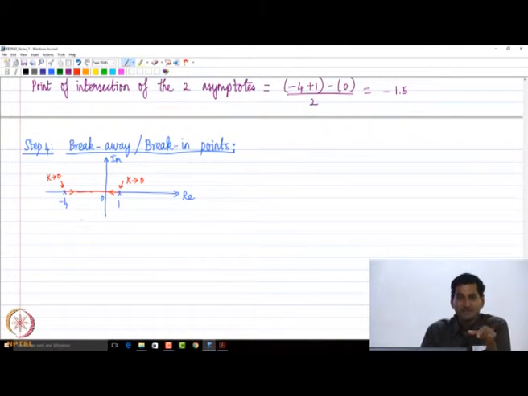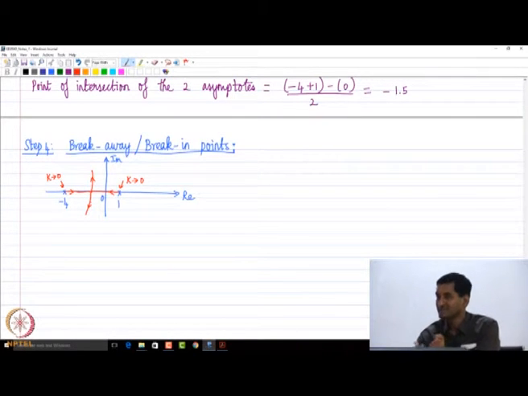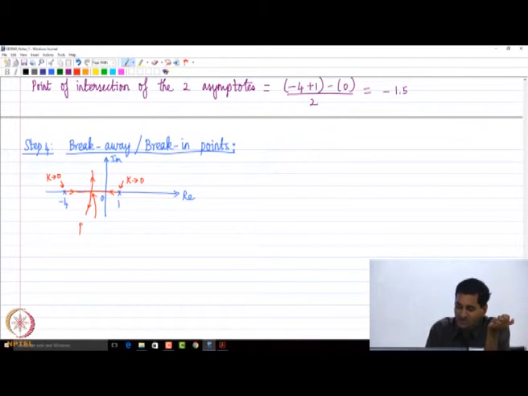Because I have already covered the real axis, they just hit each other and break away, as complex conjugate roots. A complex root will have its conjugate also as a root. So two branches hit each other and break away from the real axis. This is what is called a breakaway point.